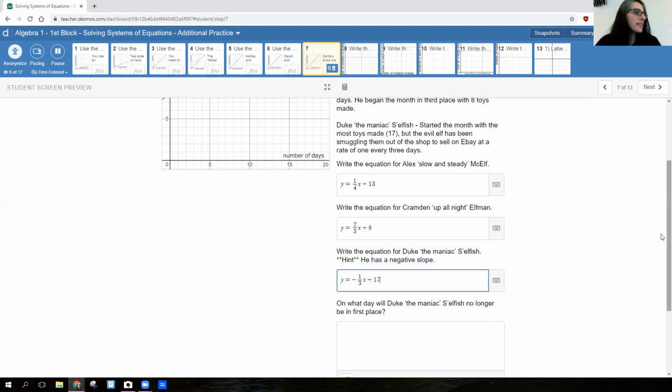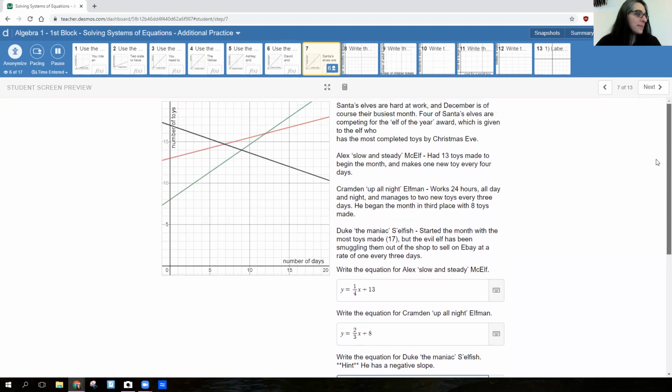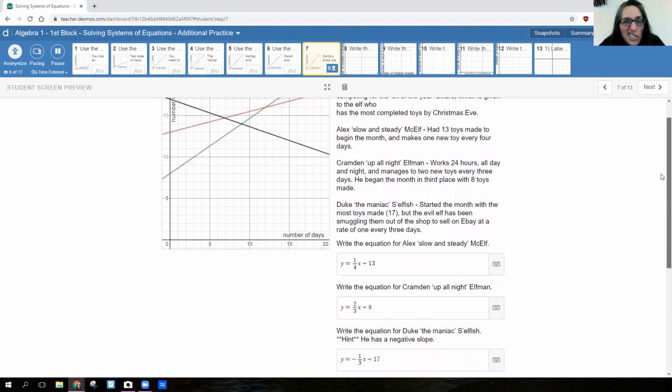Well, this is kind of a crazy situation. You got all these lines. So let's make sure we know what color is what. The red line is Alex. The green line is Cramden. And the black line is Duke. So the question here is a little bit more involved because it's not just the solution.